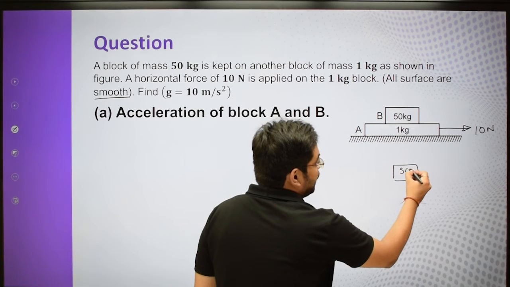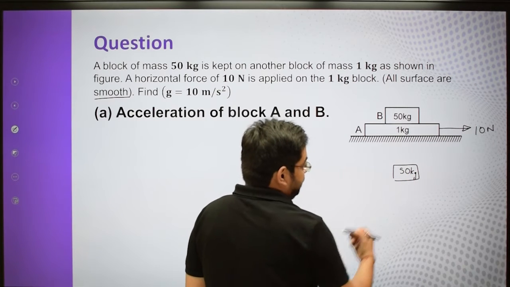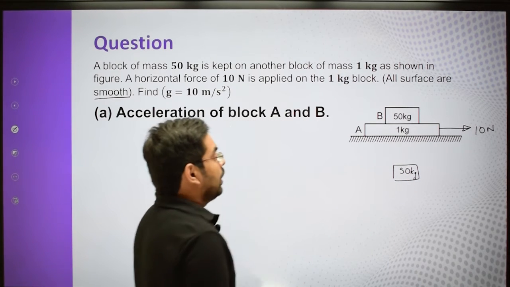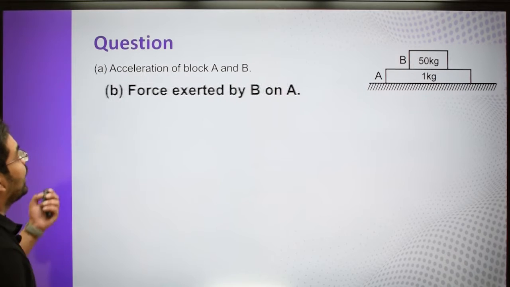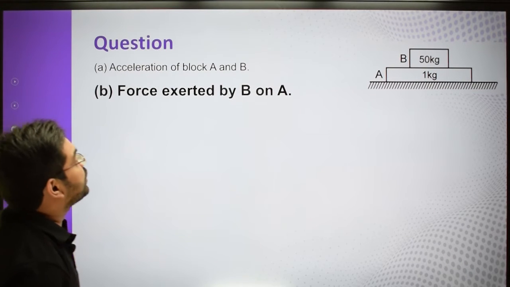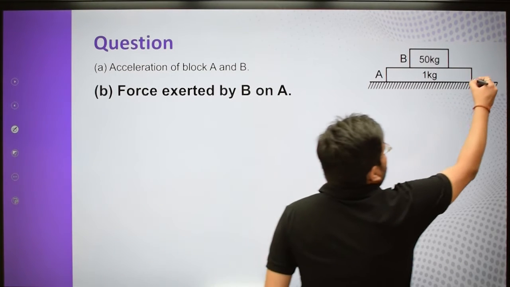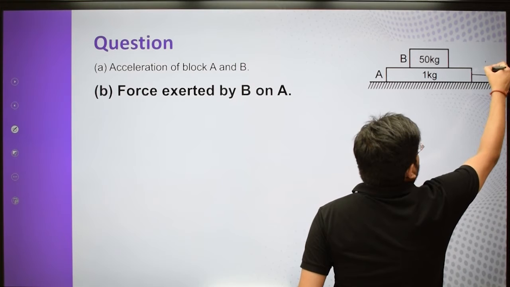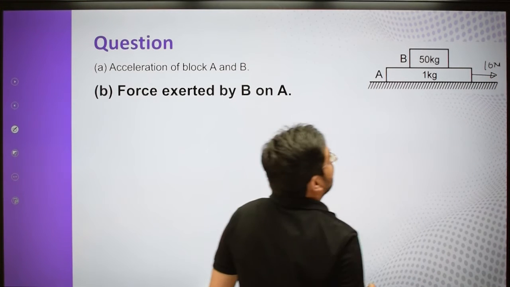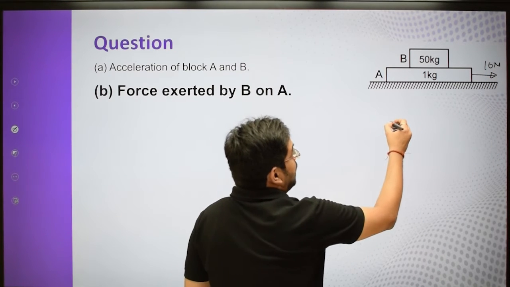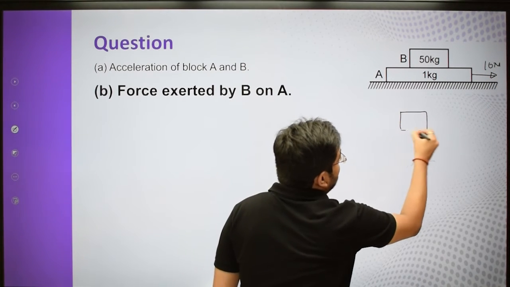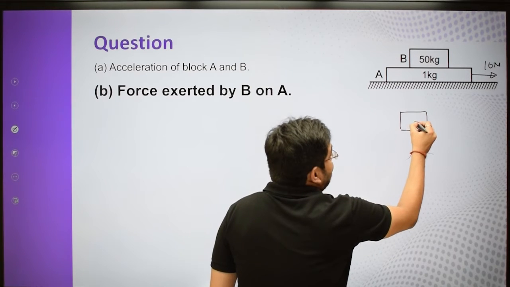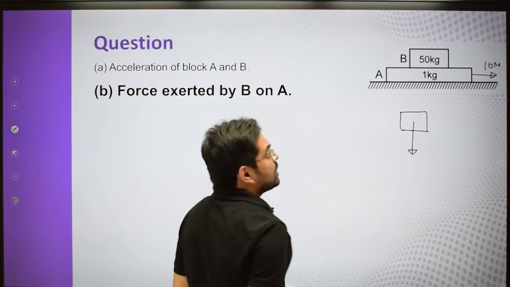Its mass is 50 kg. Now, if I draw the free body diagram here, 10 Newton will be the force on the lower block in the horizontal direction. For block B, in the downward direction there is a force mg.